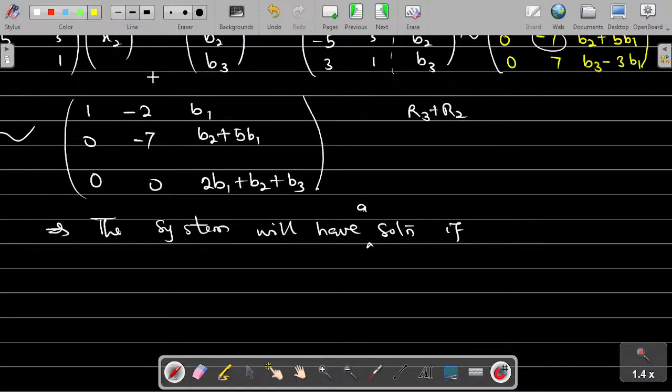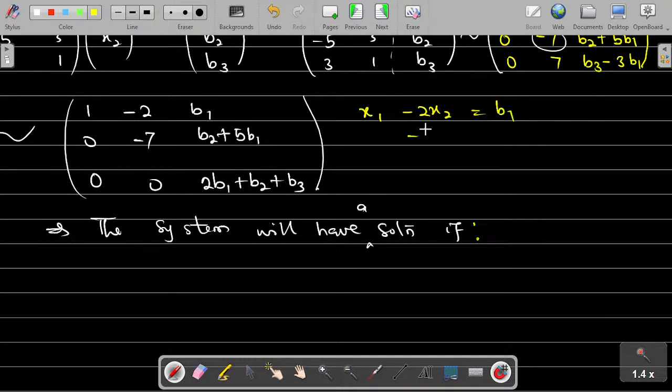The only reason why our system of equations will have a solution is if this last equation is true, because if we transform this back into our system of linear equations, these two will now turn to x1 and x2. So we're going to have x1 minus 2x2 is equal to b1.